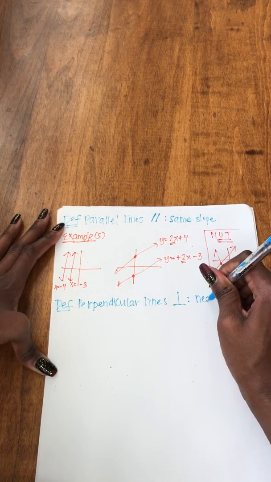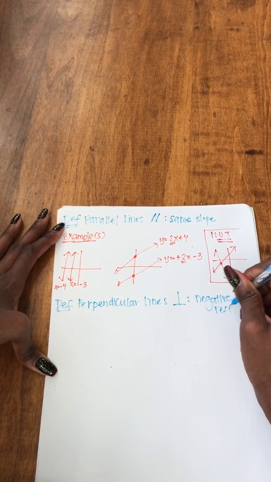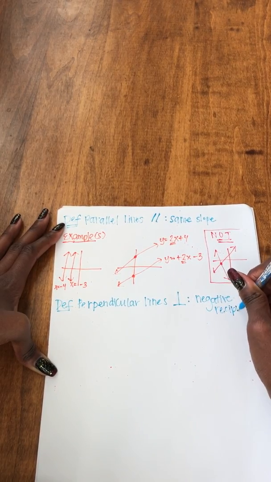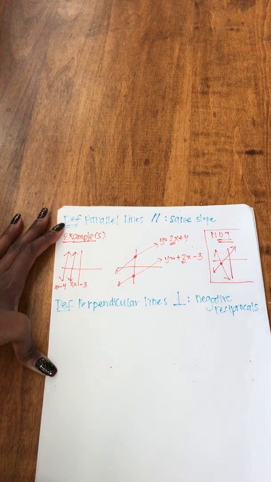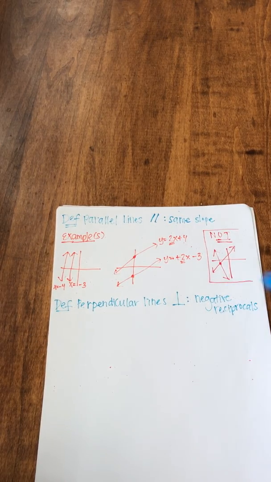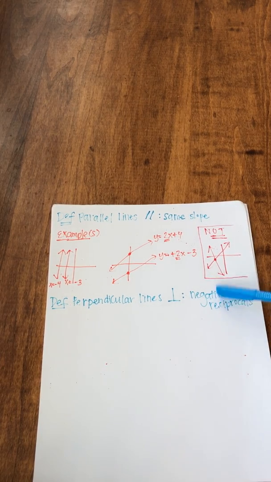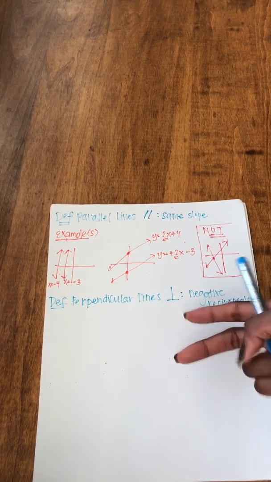So negative reciprocals. All negative means, you could say opposite if you want. Some people say opposite reciprocals. So if it's 4, then it's -4. If it's 2, then it's -2. If it was -1, then it's +1. So negative just means the opposite side of whatever you had, and reciprocal just means you're flipping.